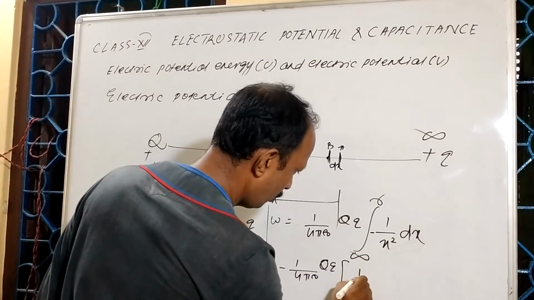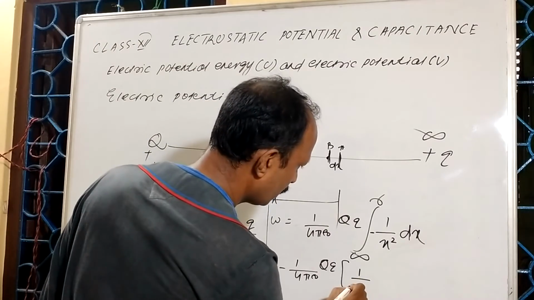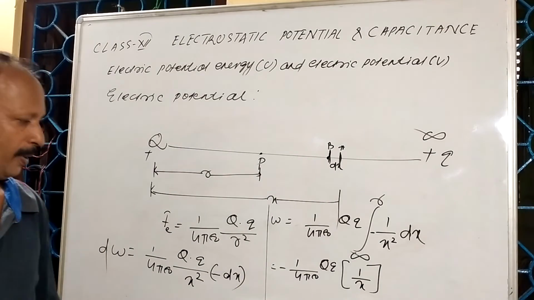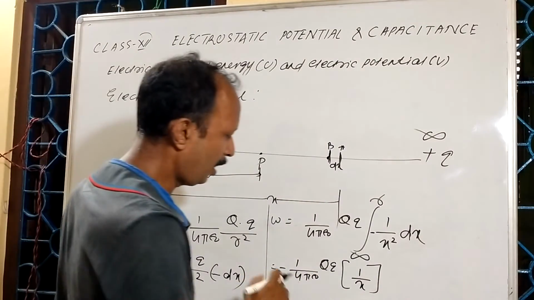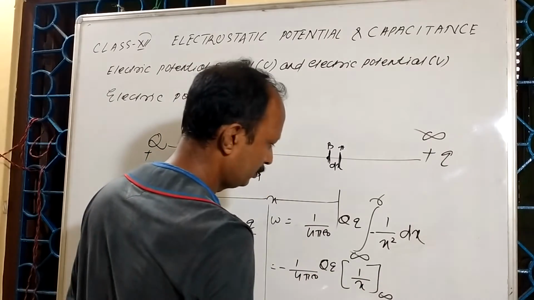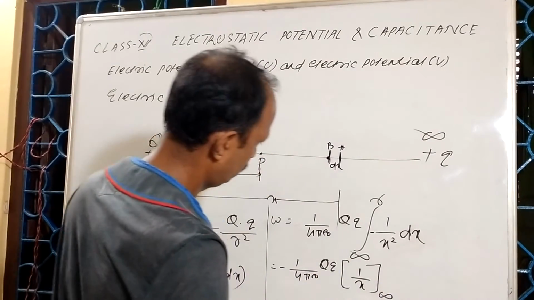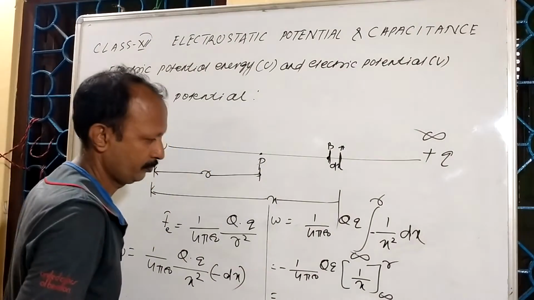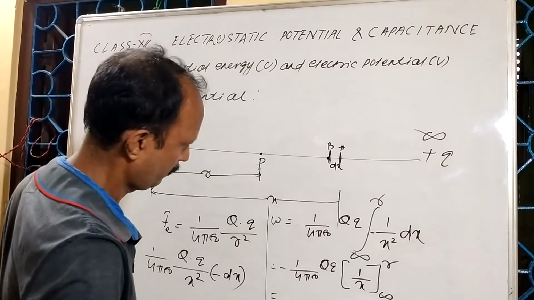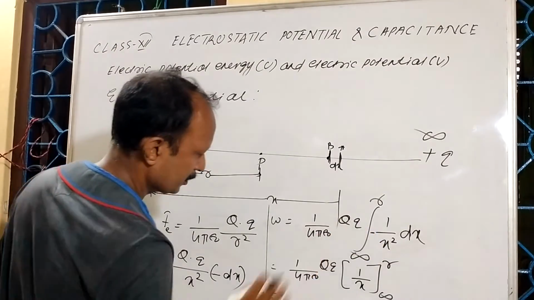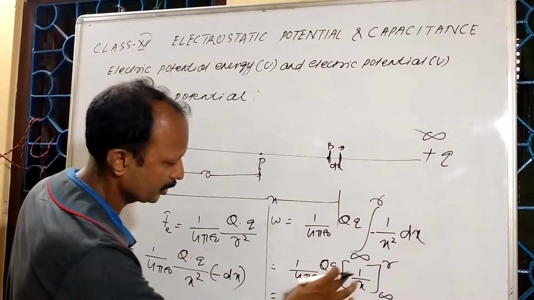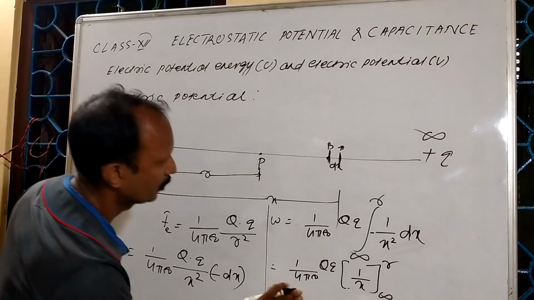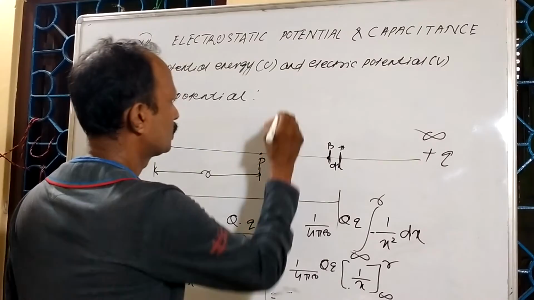So the integral gives 1 upon x, from infinity to r. I have taken the minus here, so minus 1 by x, minus becomes plus.